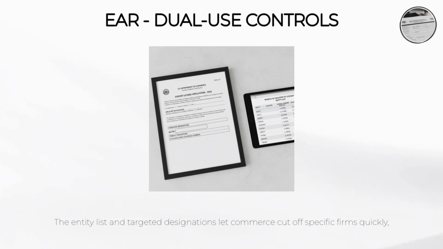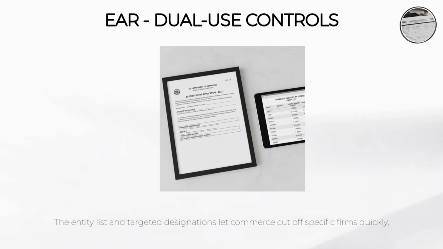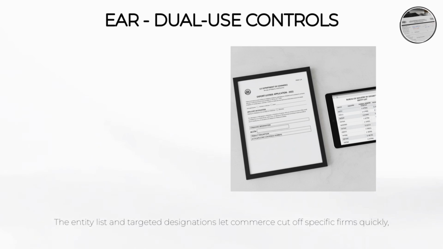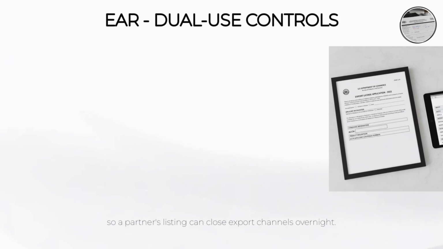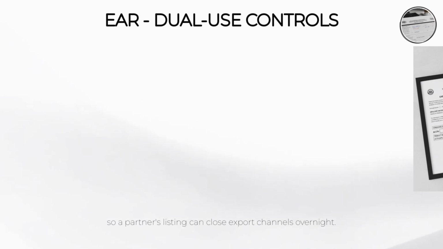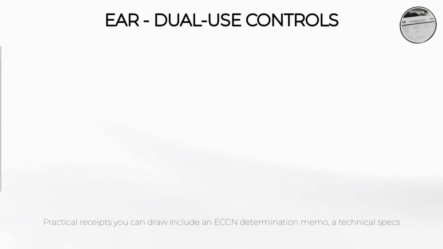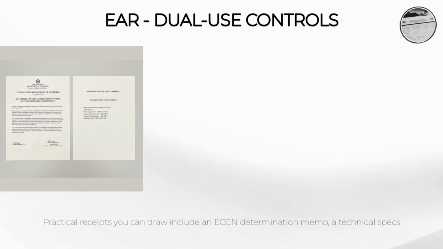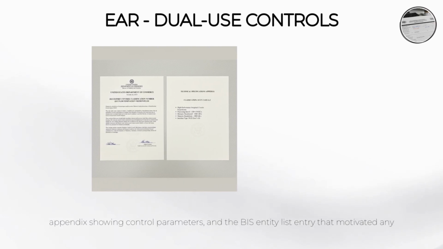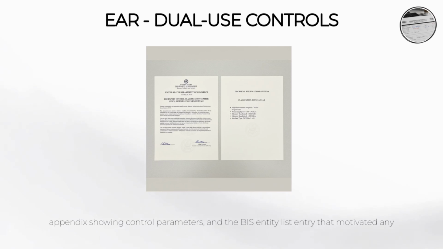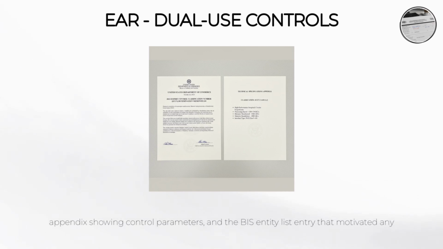The Entity List and targeted designations let Commerce cut off specific firms quickly, so a partner's listing can close export channels overnight. Practical receipts you can draw include an ECCN determination memo, a technical specs appendix showing control parameters, and the BIS Entity List entry that motivated any denied shipments.